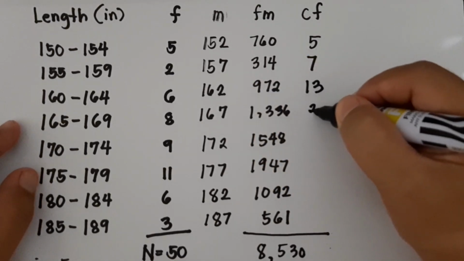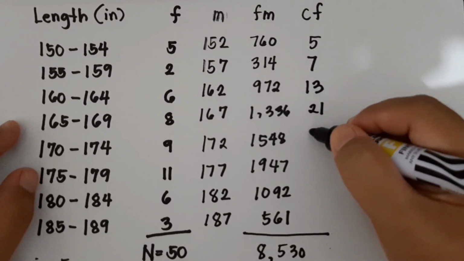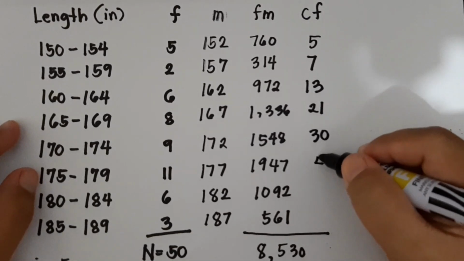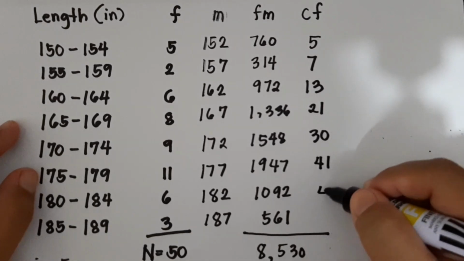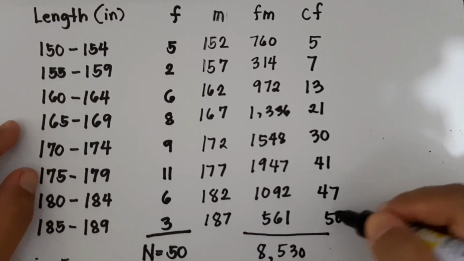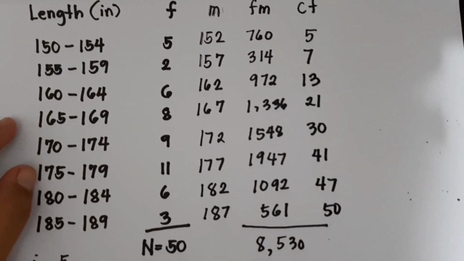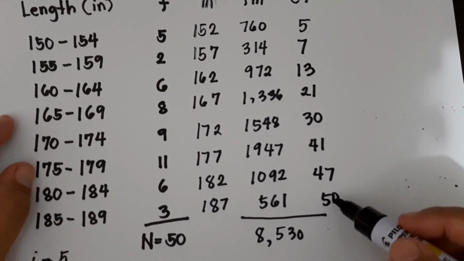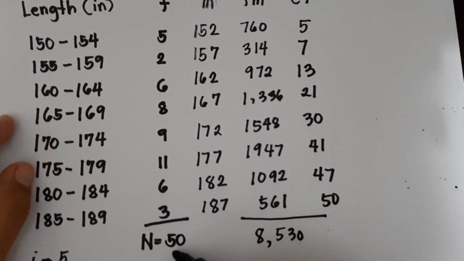We have 21, 30, 41, 47, and then 50. Okay? So, dapat yung last number ay kaparehas or equal sa summation of the frequency.